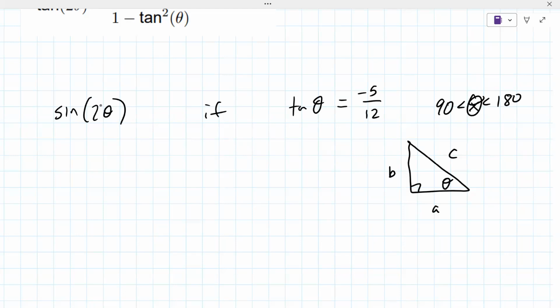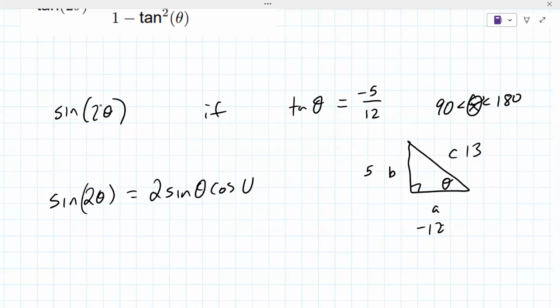B is 5, A is -12, and C is 13. Yeah. So then you have to know that the sine of 2 theta is 2 sine theta cosine theta, which means that you need sine of theta and cosine theta.